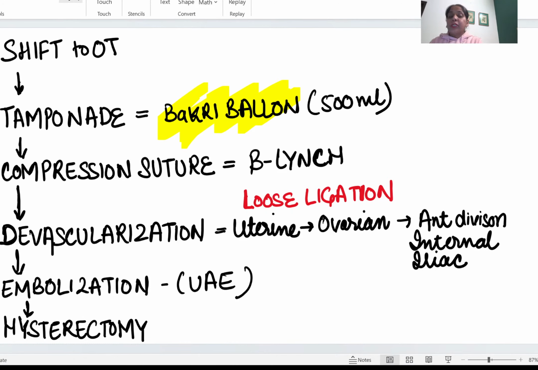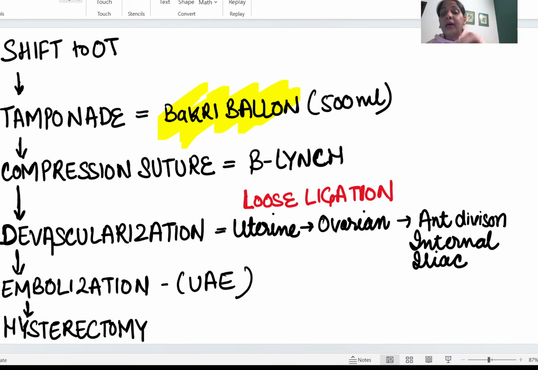Here we ligate very loosely, because if we tightly ligate, then the blood supply will be obstructed and the part will get into necrosis. So we give a ligation, but it is a very loose ligation.